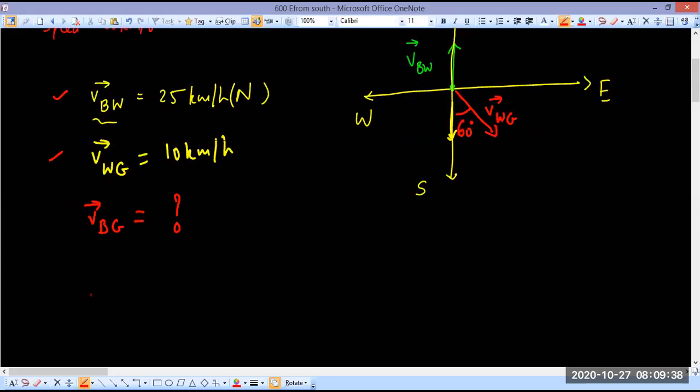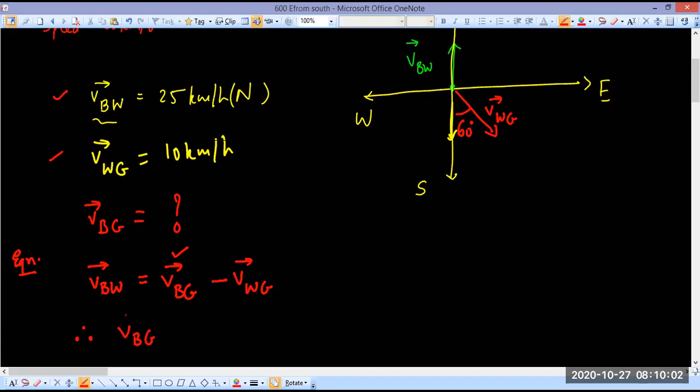First of all, we will write the equation of relative velocity. That equation gives me VBW vector is equal to VBG vector minus VWG vector. This is the famous relative velocity equation, but we want to find VBG, so we will put the other term on that side.